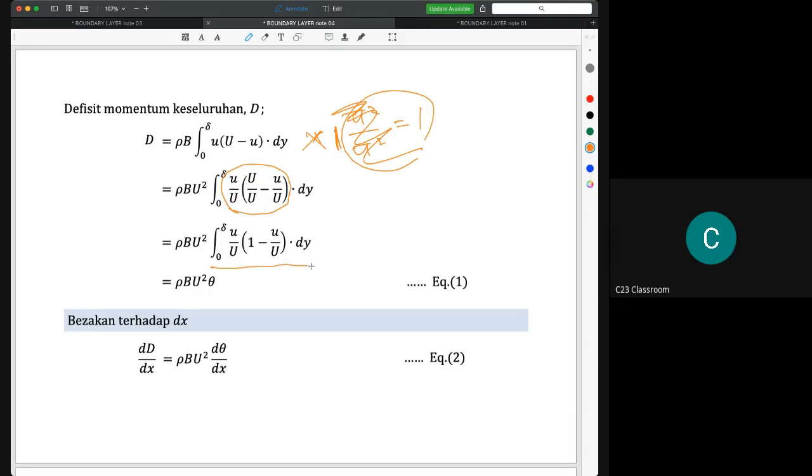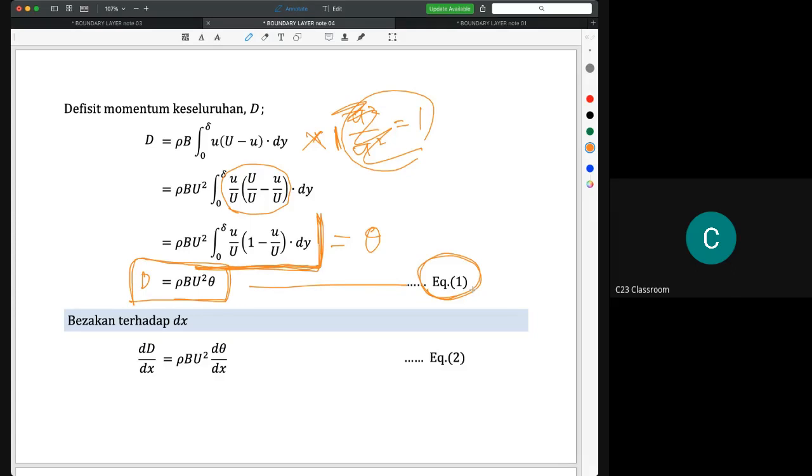This equation is familiar to us because previously we derived this, which is equal to theta. So now we could say that the deficit momentum D is equal to rho b U square theta. We label this as equation number 1.